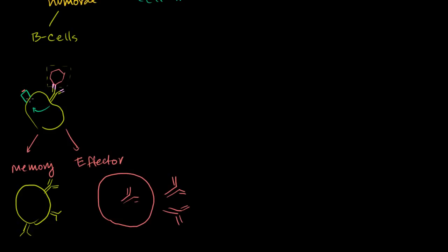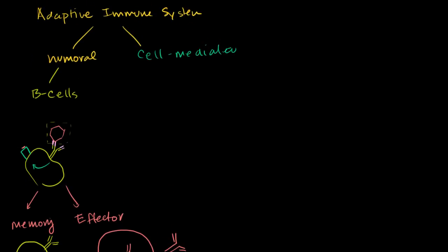Now in this video, we're going to talk about why we even have these MHC2 molecules. What are we presenting these antigens to? And so we're going to start talking about the cell-mediated response. And actually, even more than the cell-mediated response, we're going to talk about T cells. And I said in the first video, they're called T cells because they mature in the thymus. And there are two types of T cells.